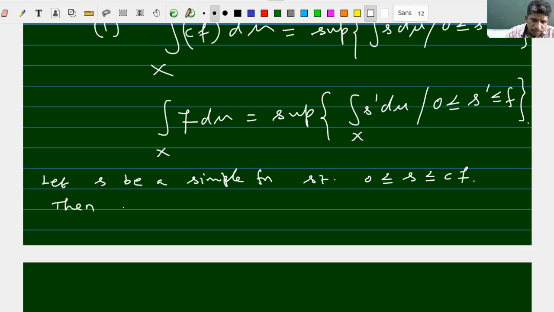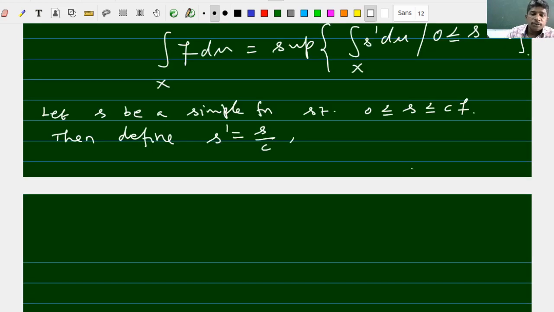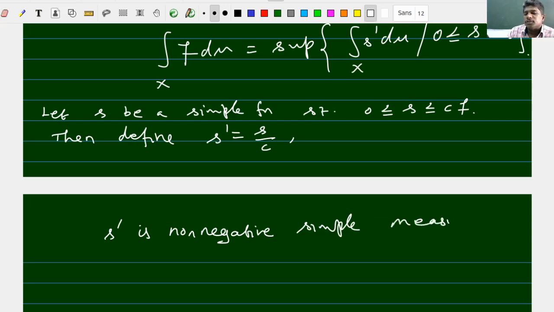Then define s dash equal to s by c, the function s divided by the non-negative constant c. Then s dash is non-negative because c is non-negative and the values of s are non-negative. And s is a simple function, so a constant multiple is a simple function, and also it is a measurable function.